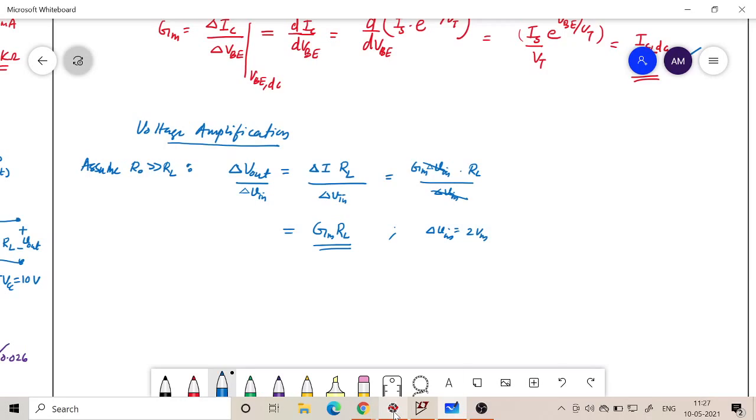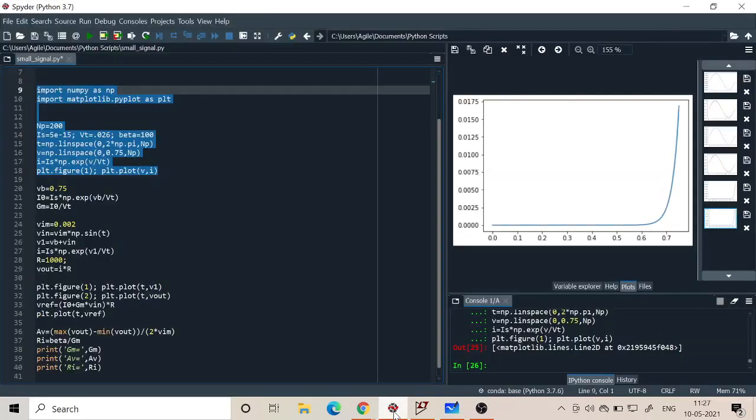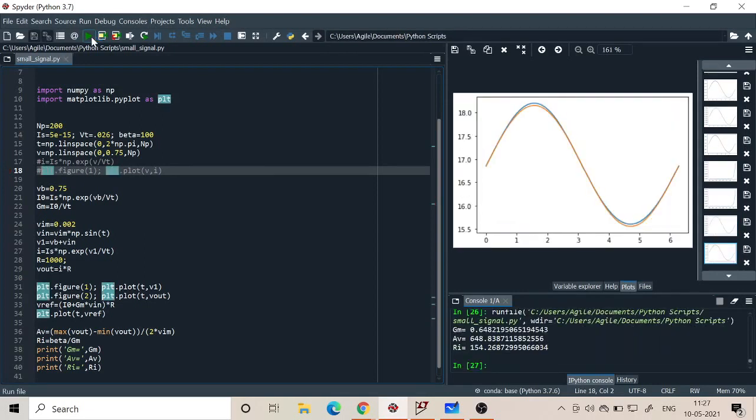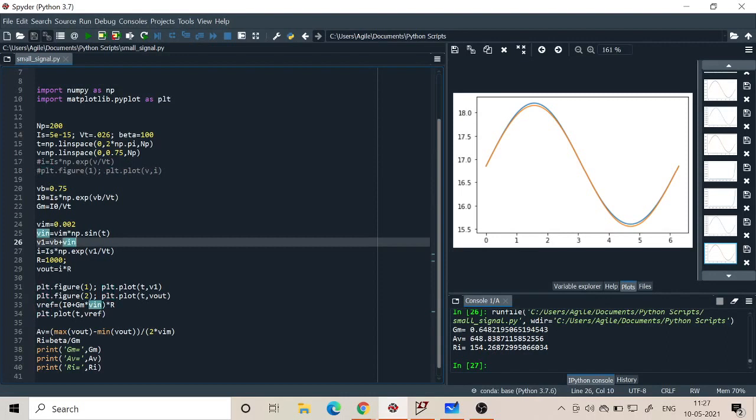by plotting certain curves. So this is my transfer characteristic that I just plotted, and let me just do this. So I have written a Python program here, and I'll explain what I'm doing.